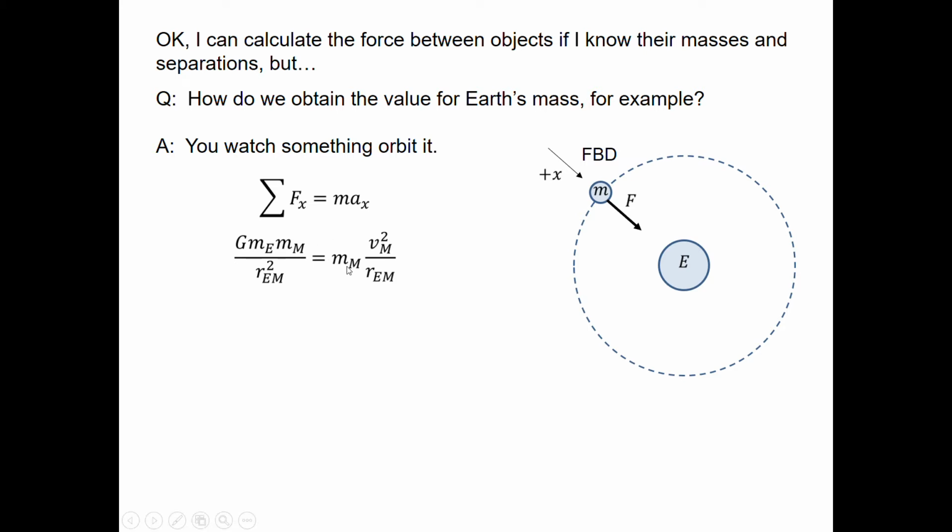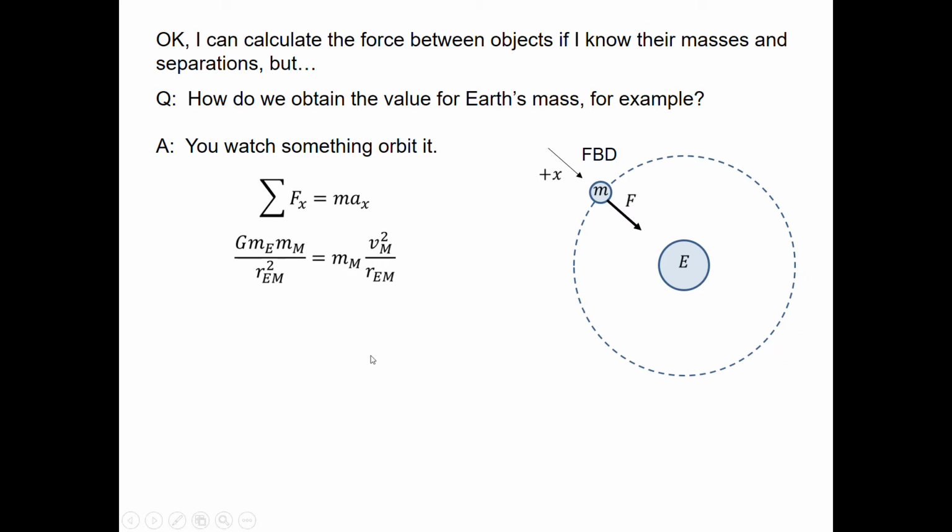That's equal to the mass of the thing in the free body diagram, that's the mass of the moon, times the acceleration x component, and the acceleration is towards the center of the circle, so the entire magnitude of the acceleration, which is v squared over r, is just a positive x component. And so here, Vm is the speed of the moon squared, divided by the distance from the Earth to the moon, because the distance between their centers is the radius of this circle.